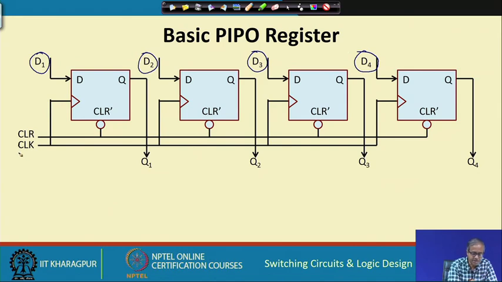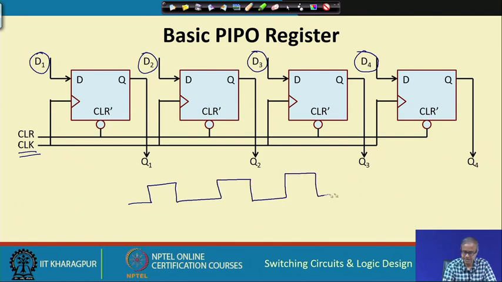Now, as you can see, the clock input is being fed in parallel to all the flip flops. So, suppose I have a clock pulse coming like this. If it is positive edge triggered, whenever the positive edge of the clock comes, whatever I have given in D1, D2, D3, D4 will get stored in the flip flops, and they will be available on Q1, Q2, Q3 and Q4. This is how it works.